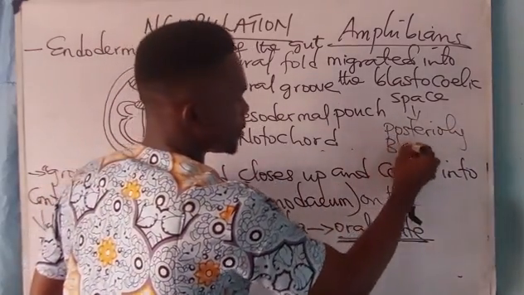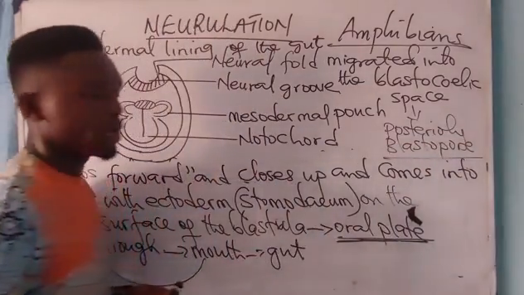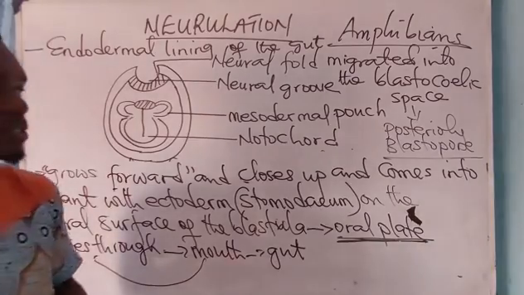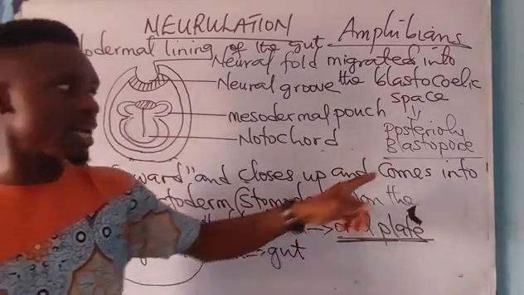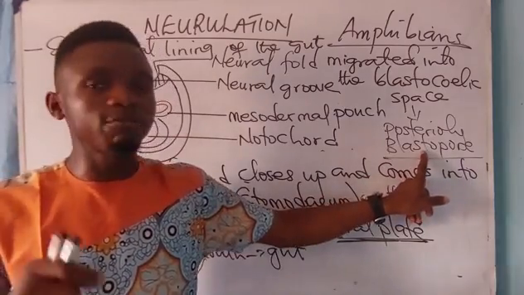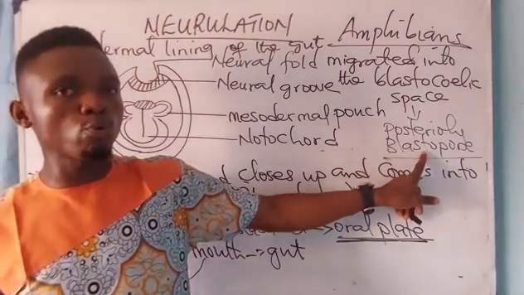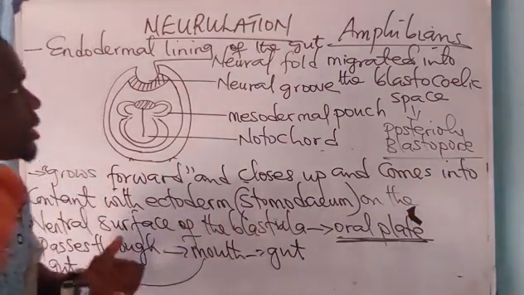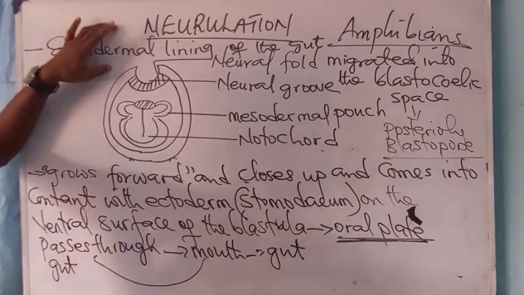from the blastopore. What did I tell you? What is the function of the blastopore? I said the blastopore is that part of the gastrula that forms the mouth and anus. Mouth, you call it what? Protostomes. So please, let me take it again. The endodermal layer is formed.